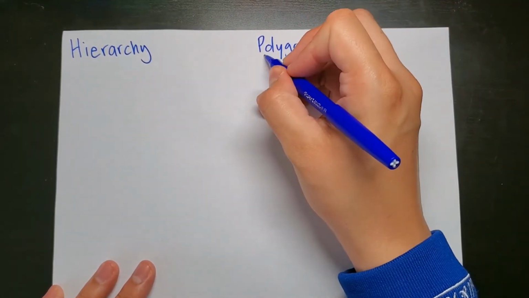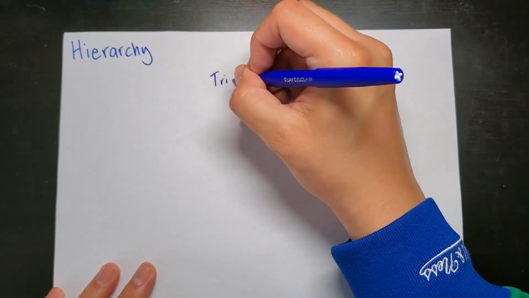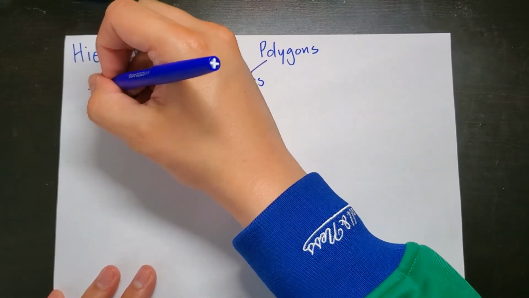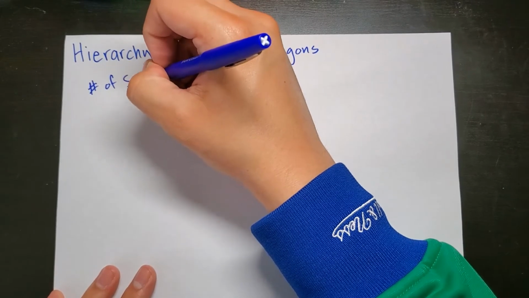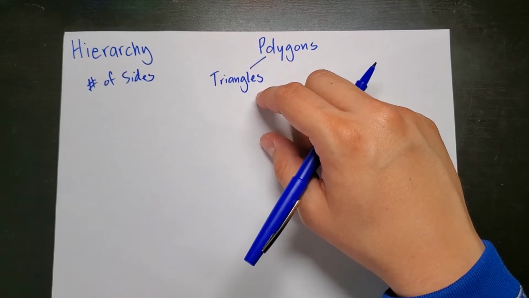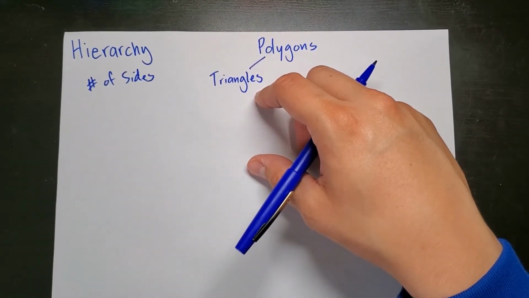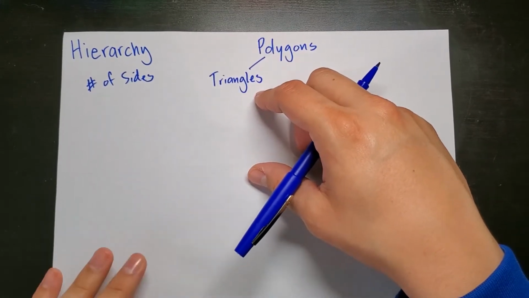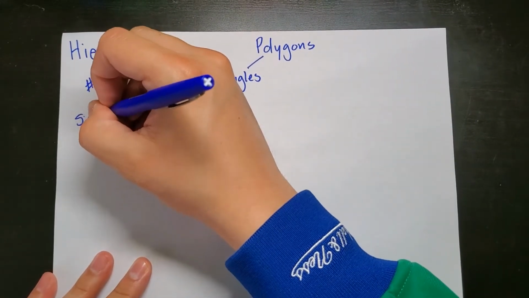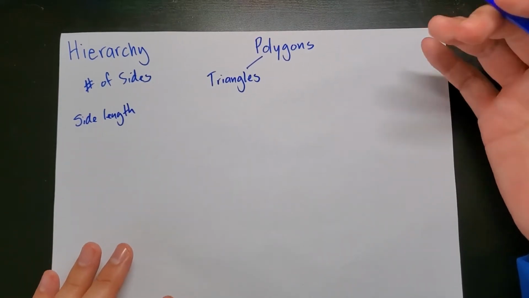From polygons, this is probably the most generic term. We're going to go to triangles, and this is just based on the number of sides. Because it has 3 sides, it's called a triangle. But that's like first grade kindergarten stuff, right? So the next level of hierarchy is the length of the sides, the side length. We have very specific names for triangles based on the side length.